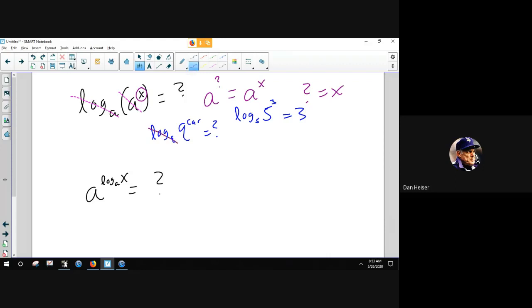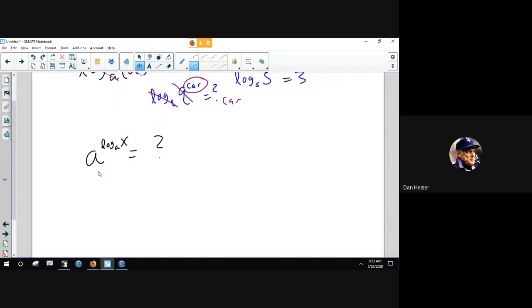Well, log base q cancels base q, and you're left with car. Log base something cancels that same base. Think of this as taking the composition of a function and its inverse.